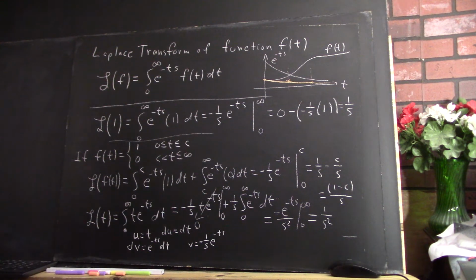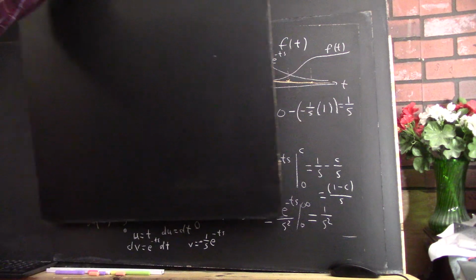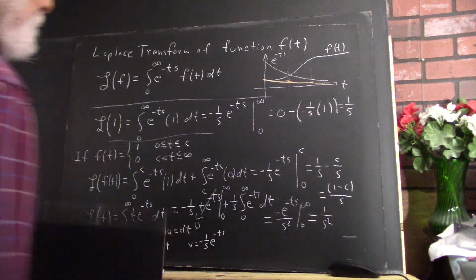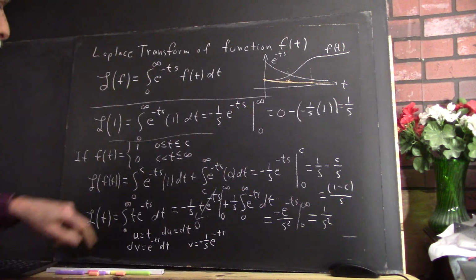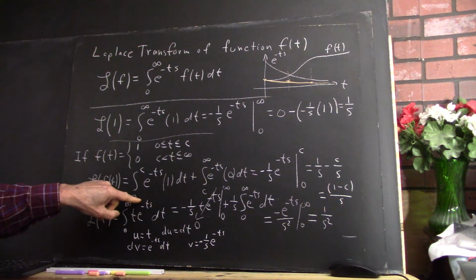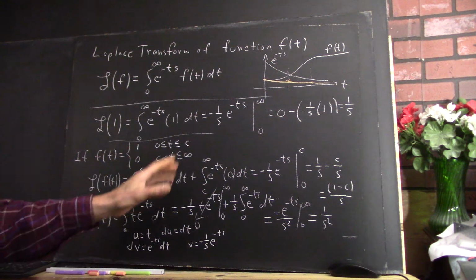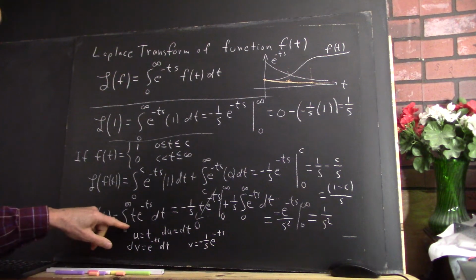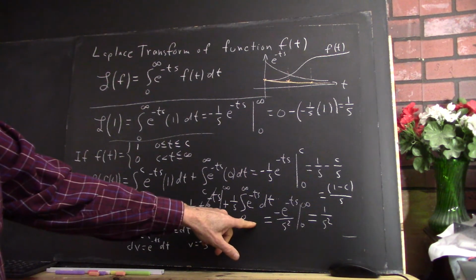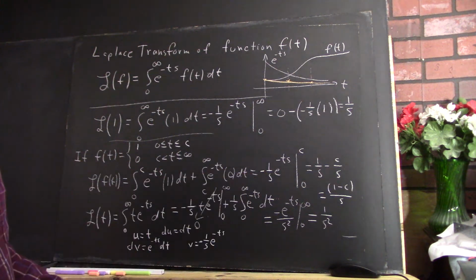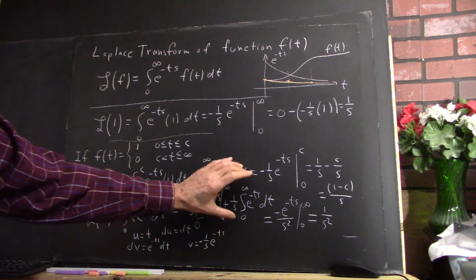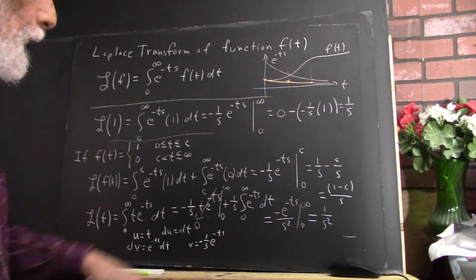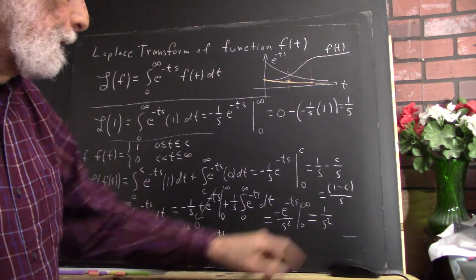Now, another thing is, if we had t squared here, we would have to do integration by parts, and we'd have to do it twice. Because the first part would reduce the thing that we take the integral of to a t e to the negative ts, and then we'd still have to do that integral, and we'd end up with an s cubed down here.